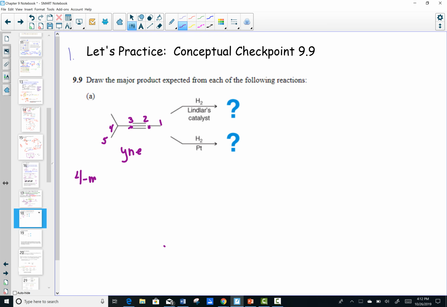At position number 4, we see a methyl group. And in position number 2, we see the triple bond, so we would call that pentyne. 4-methyl-2-pentyne. Integrating some nomenclature practice.